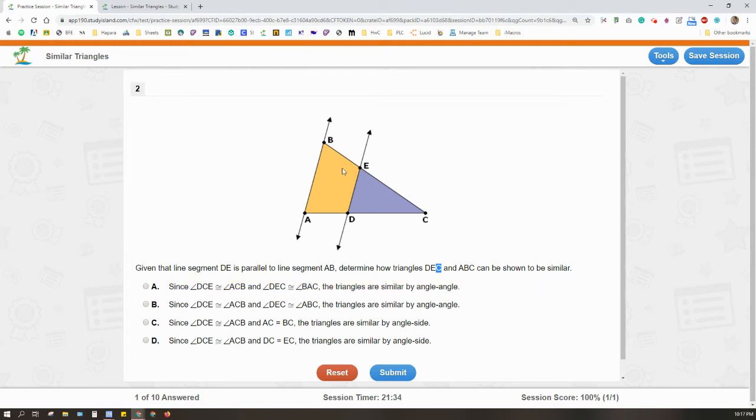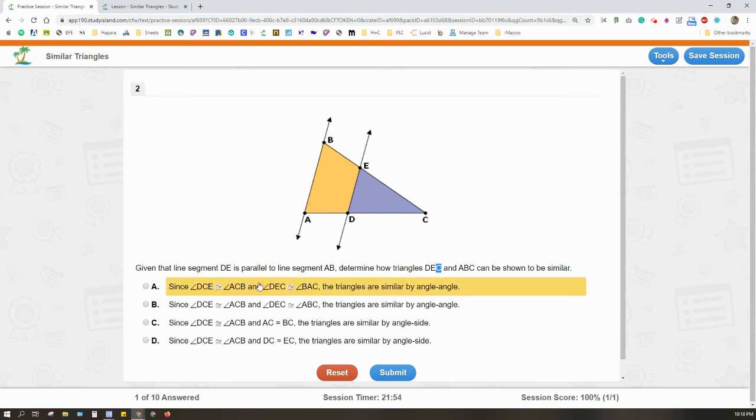Is this angle up here congruent to BAC, this angle down here? No, this angle, DEC, is congruent to this angle, ABC. So A is wrong because it switched up the angle to be BAC down here, and angle DEC up here is not congruent to angle BAC down here.